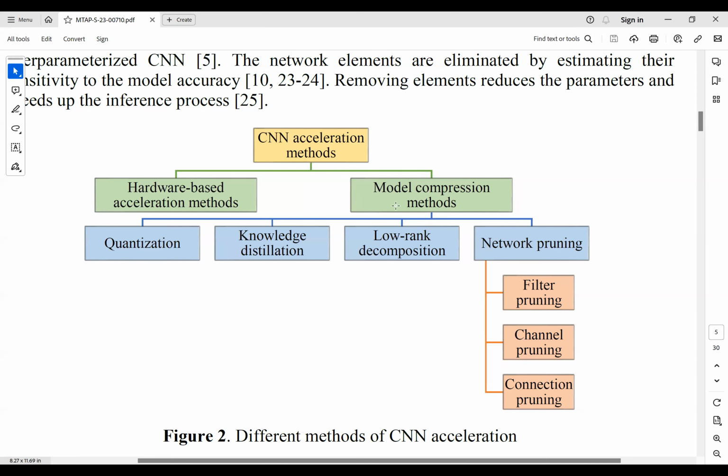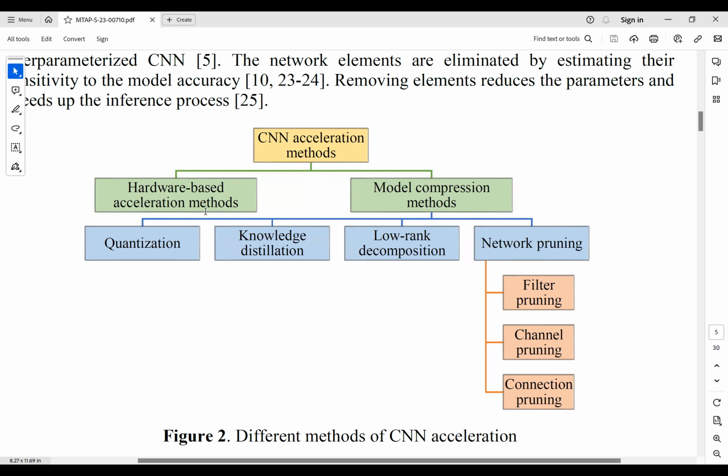So they are mainly divided into two categories: hardware-based acceleration methods and model compression methods. Hardware-based means you have to use additional computing power, and you have to use powerful machines to increase the speed of CNN, to increase the training of convolutional neural networks.